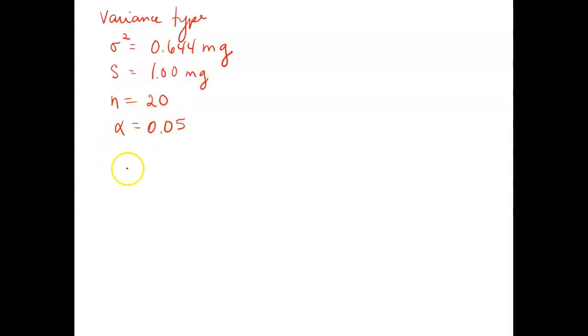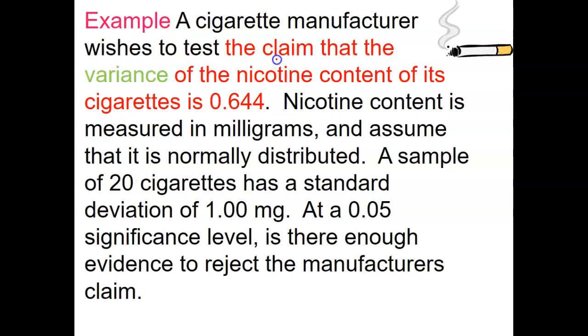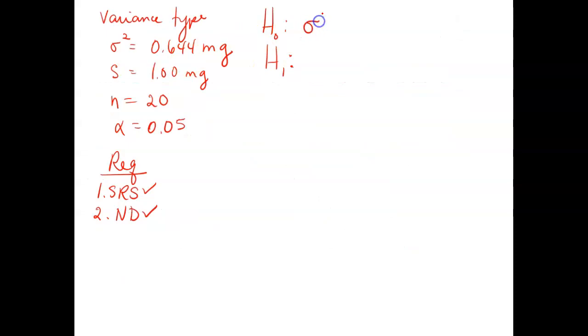So we want to make sure that we fulfill our requirements. So our requirements are that it's a simple random sample and that it is normally distributed. If you recall, we were told it was normally distributed, so we're good with that. We set up our null and our alternative hypothesis. Because our claim was a claim about the variance, then this time I'm going to actually state it with the variance.